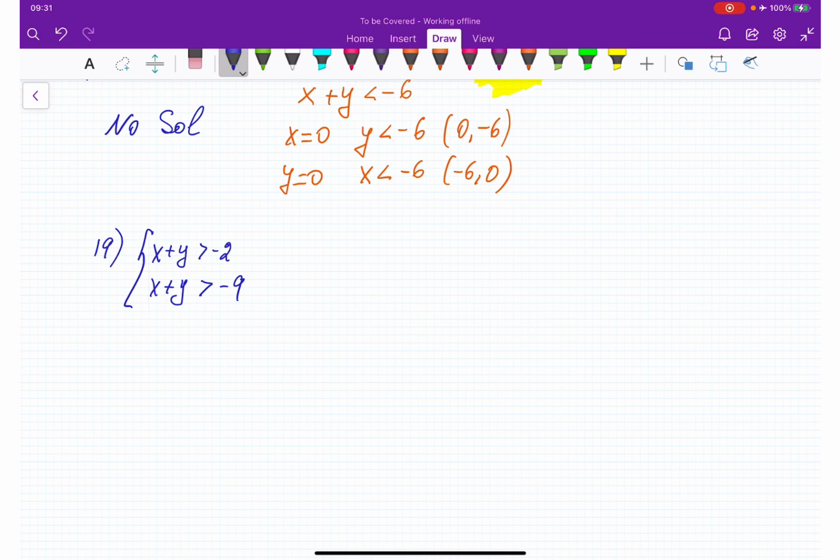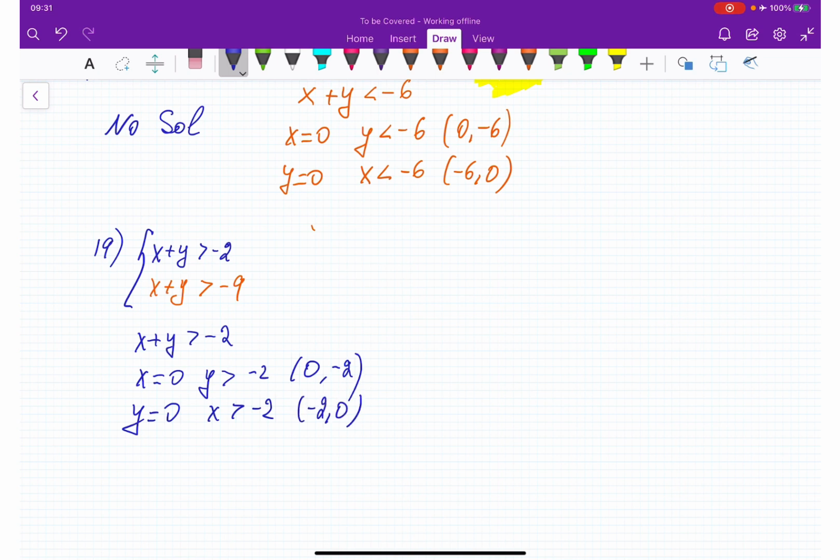So x plus y greater than negative 2, x is equal 0, y is greater than negative 2, y is equal 0, x is greater than negative 2. So we have 0, negative 2, and we have negative 2 and 0.